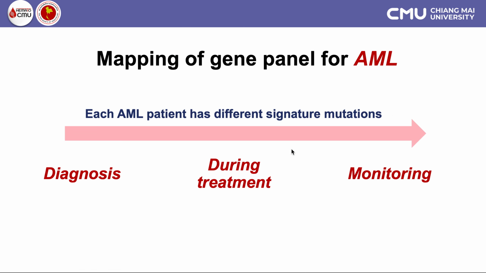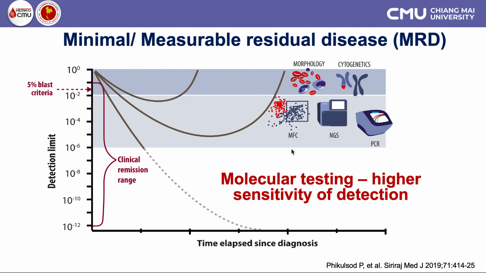One of the powerful tools to derive the advanced knowledge of molecular testing is MRD, or measurable or minimal residual disease. By using multi-parameter flow cytometry, PCR, or NGS instead of morphology to monitor the treatment, as shown here, we are able to detect residual disease at a higher sensitivity using molecular testing.